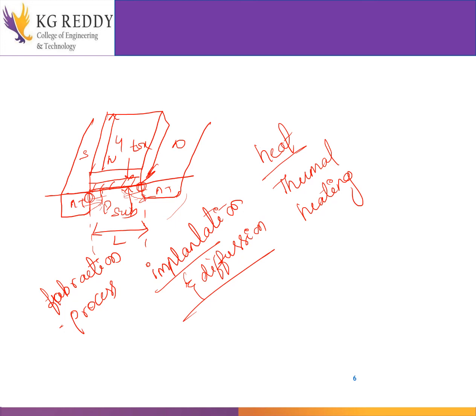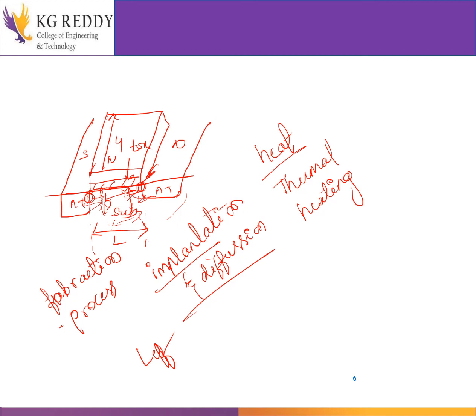Therefore the length, whatever we defined from here to here, will now be called the effective length, LEFF. After the thermal heat, when it gets diffused here and here, that distance is the effective length.